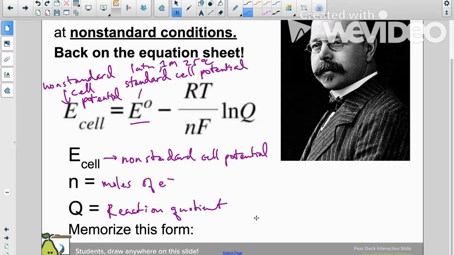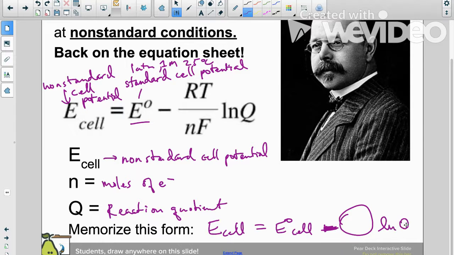So what we want to do is memorize a form. Well, we don't need to memorize it anymore because it's back on the equation sheet, but the non-standard cell potential is equal to the standard cell potential minus some blob right here, times natural log Q. Now, I shouldn't call it a blob, but it's just some constant.